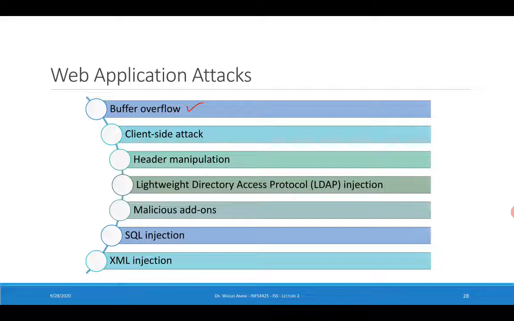In that case, we say that it has overflowed the buffer. Whatever it can accommodate, it has accommodated, and the rest of the data is sent somewhere else. If the buffer is full, the program usually cannot behave properly. So as an attacker, you might mess around with the functionality of the buffer overflow.